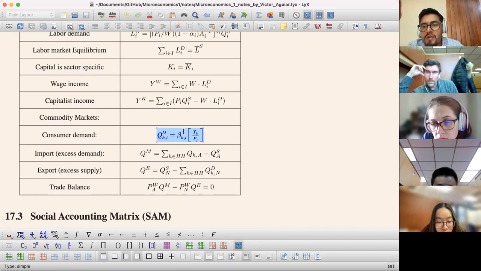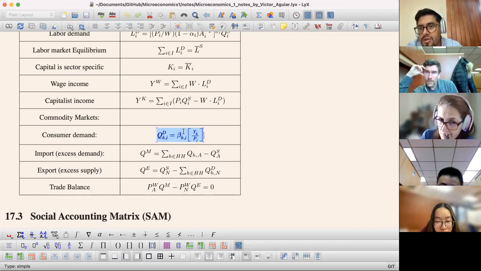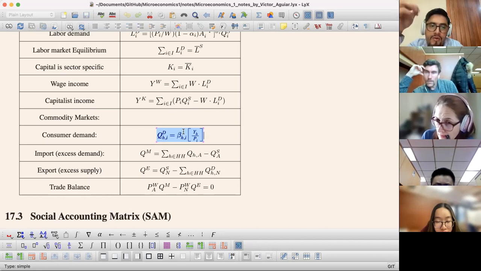And the export equation is the same. So the excess between QS, which is supply, minus what is demanded of each good, will give you the exports, right? So in this general equilibrium with an open economy, anything that is not consumed locally is sent abroad, and anything that you actually wanted to consume but is not supplied locally, then you import, right?